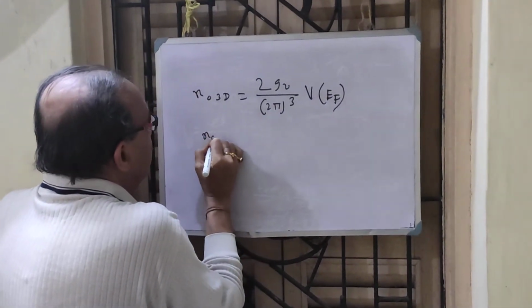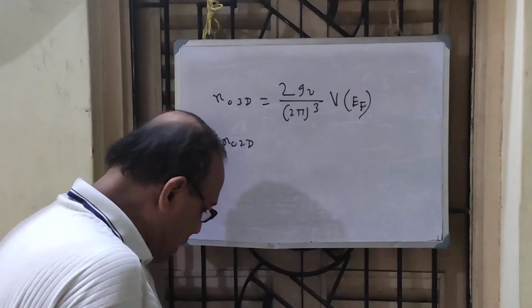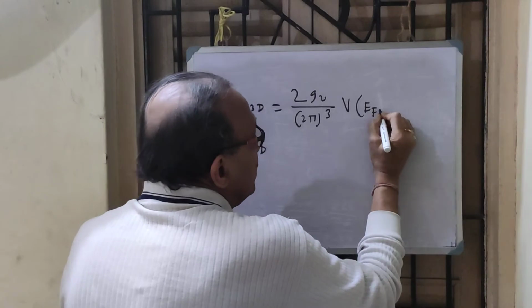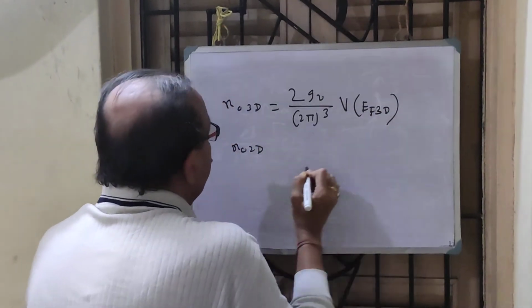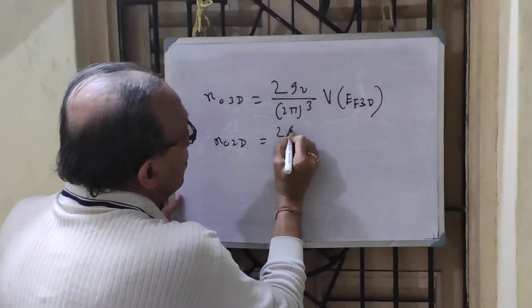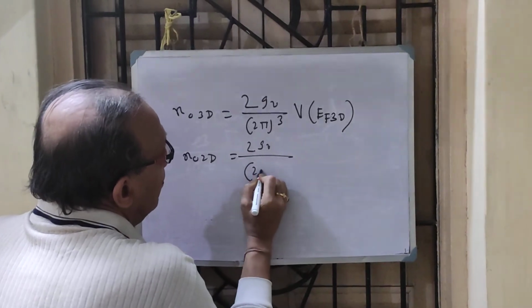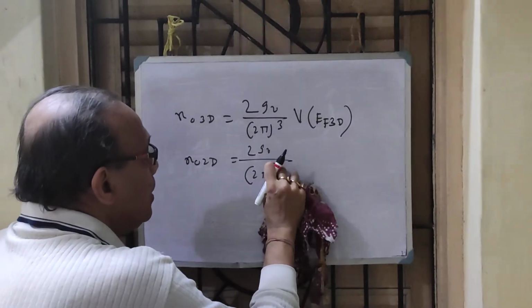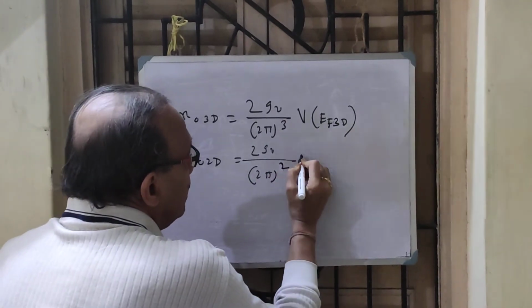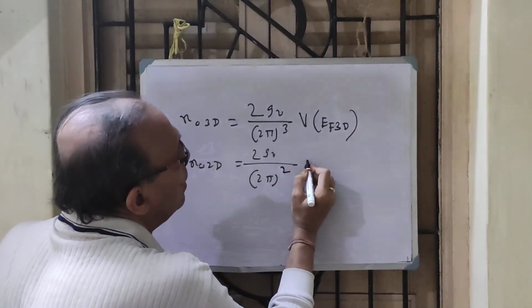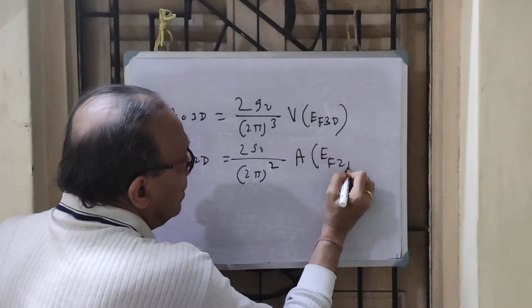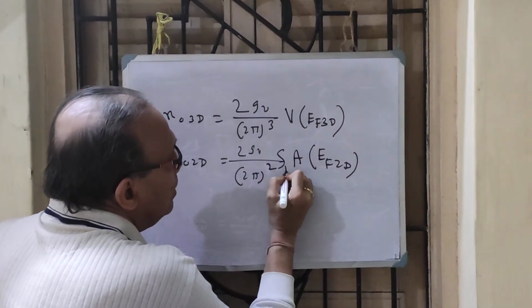Then in 2D, I better write here for the purpose of remembrance, EF 3D, N0 2D, 2 gv by 2 pi whole square, instead of cube, it will be whole square. This is simply AEF 2D. Again, this is sum 1.